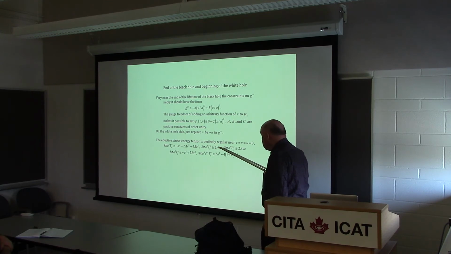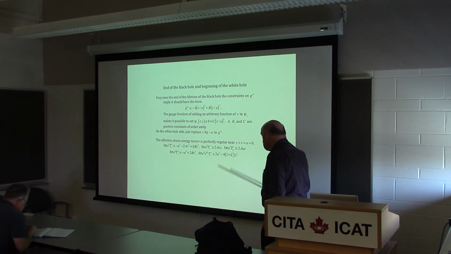And it turns out to have this form. T_VZ is positive for v less than 0 and z less than 0 on the black hole side, and on the white hole side you have u greater than 0 and z greater than 0. So again, T_UZ is positive. Of course it's 0 right at the transition, but as you go away from the transition on either side, both are positive.